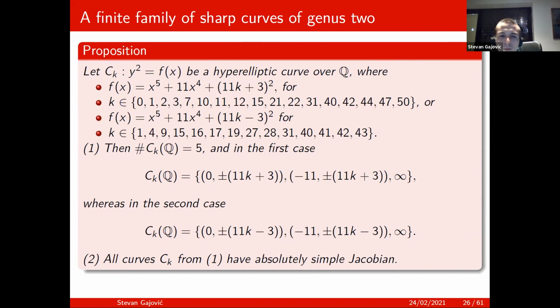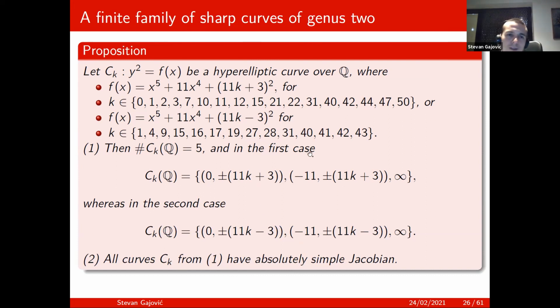If the Jacobian of a curve is not absolutely simple, then we can factor it, and we have an easier way to find rational points on these curves. So it would make these examples pointless in some sense if this is not the case. That was the reason why one should check it, but I don't want to talk about it right now.